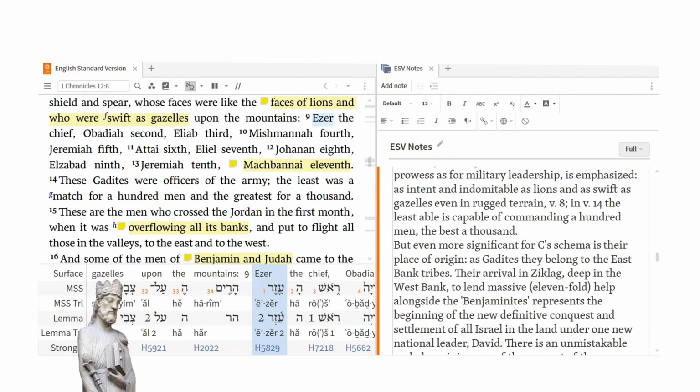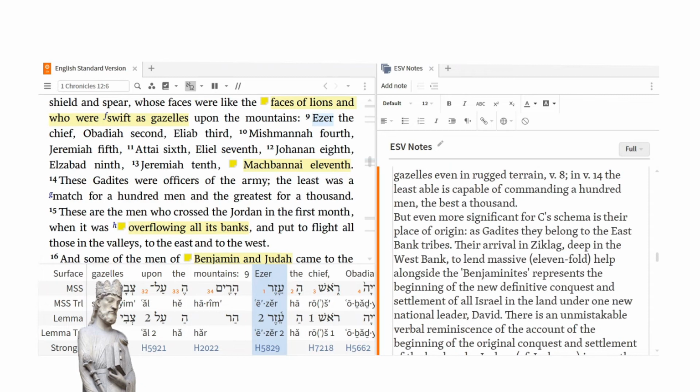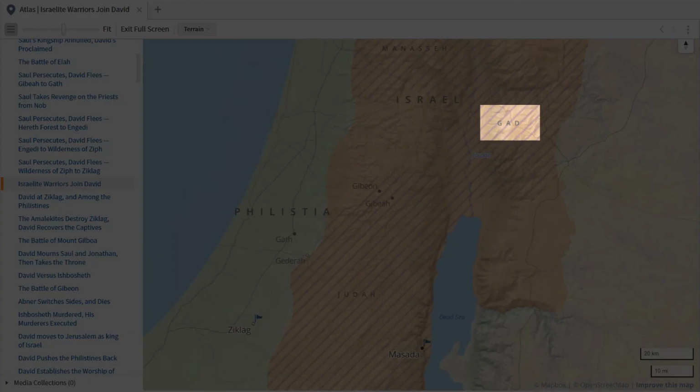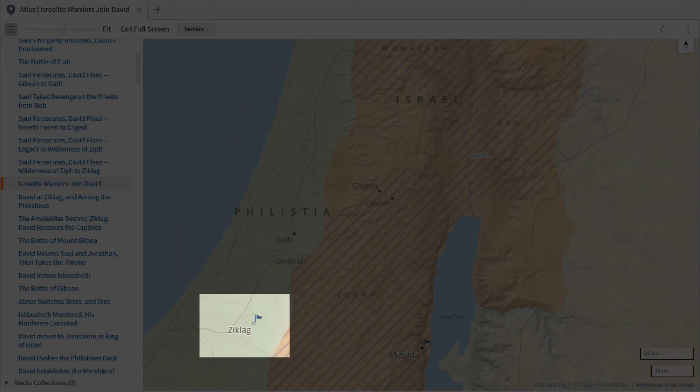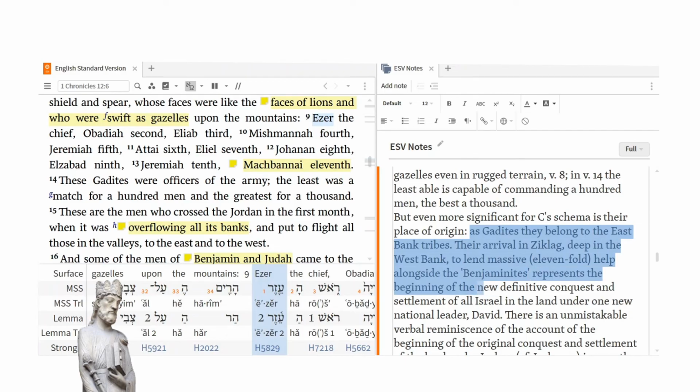But worth noting here is the place of origin. As Johnstone notes, the Gadites belong to the East Bank tribes. Their arrival at Ziklag, deep in the West Bank, to lend massive 11-fold help alongside the Benjaminites, represents the beginning of the new definitive conquest and settlement of all Israel in the land under one new national leader, David.